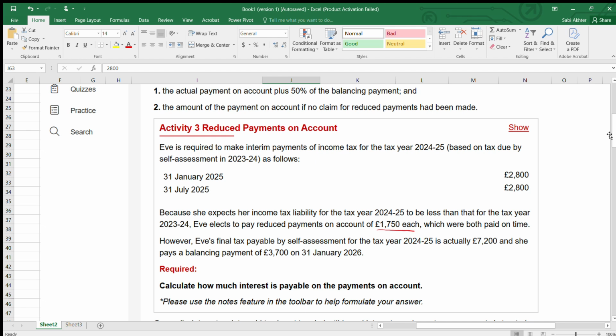1st Jan 2025, right? Thirty-first Jan. So now we'll take payment on account 1.